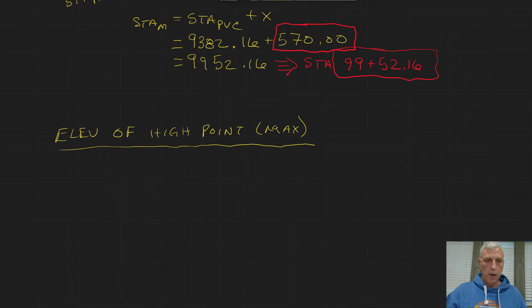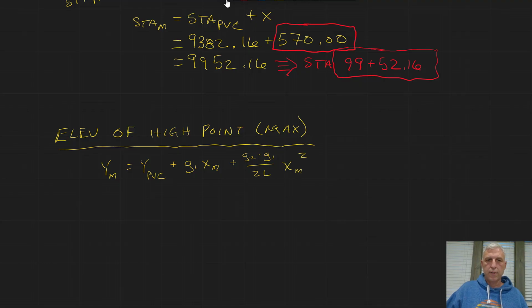So bring up our parabolic equation. I'm going to work in yellow. Y sub m for max equals y PVC plus G1 times x, the x value at our maximum, plus G2 minus G1 over 2L times the x value at our maximum squared.